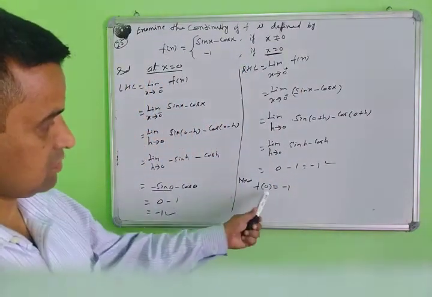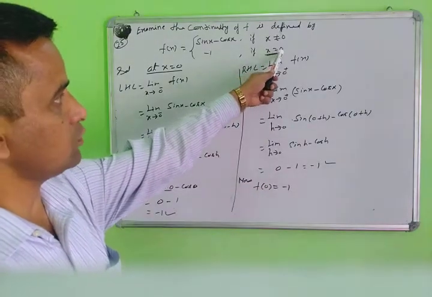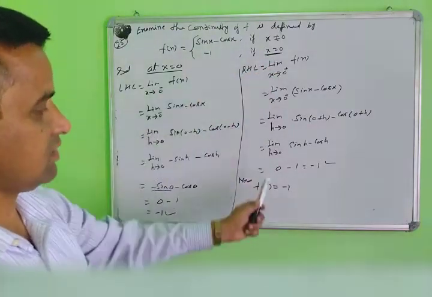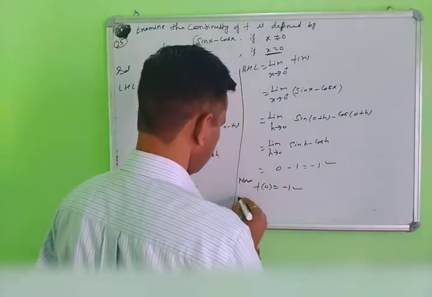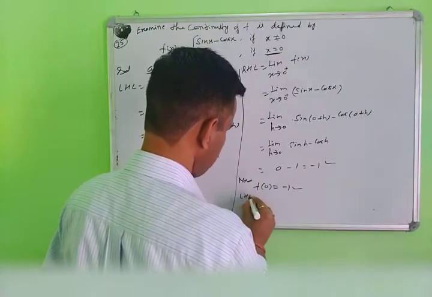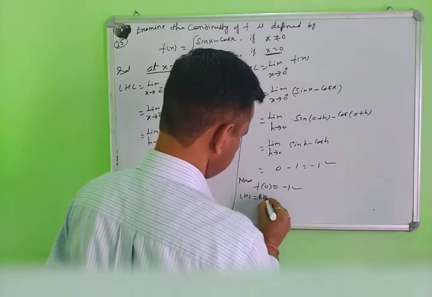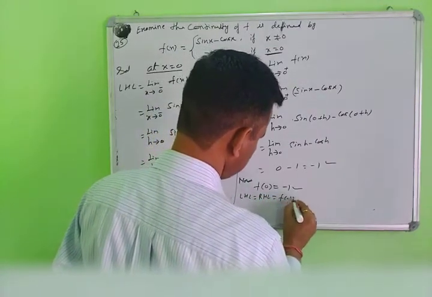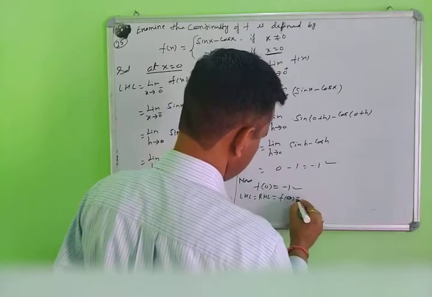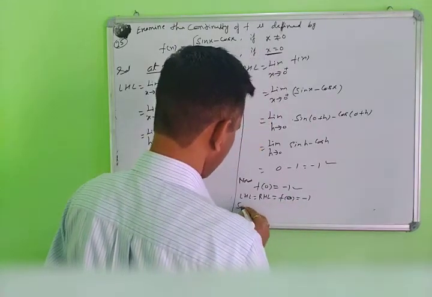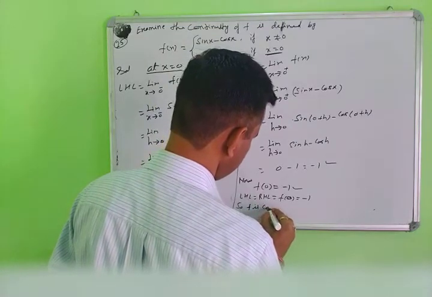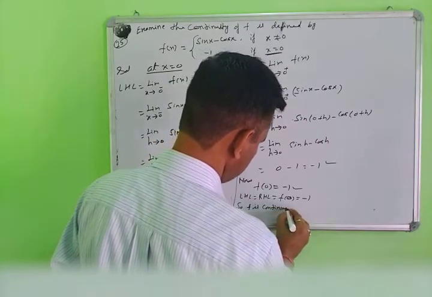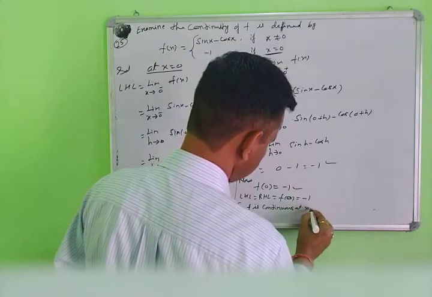So the three values are the same. LHL equals RHL equals f(0) equals minus 1. So f is continuous at x equal to 0.